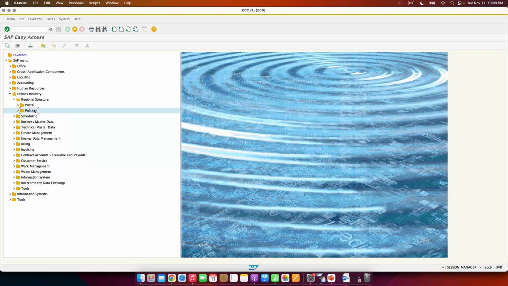Best example, take any electricity utility department back in India. Normally they classify it based on zones: south zone, north zone, east zone, west zone, or southeast, southwest, and all the stuff. Right? So that is your political. The way you are classifying your addresses, political area wise. Does it come under which district? Does it come under which street and all the stuff?